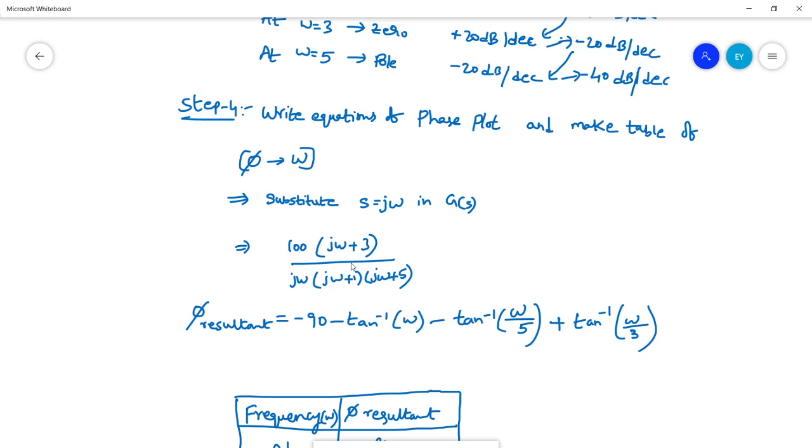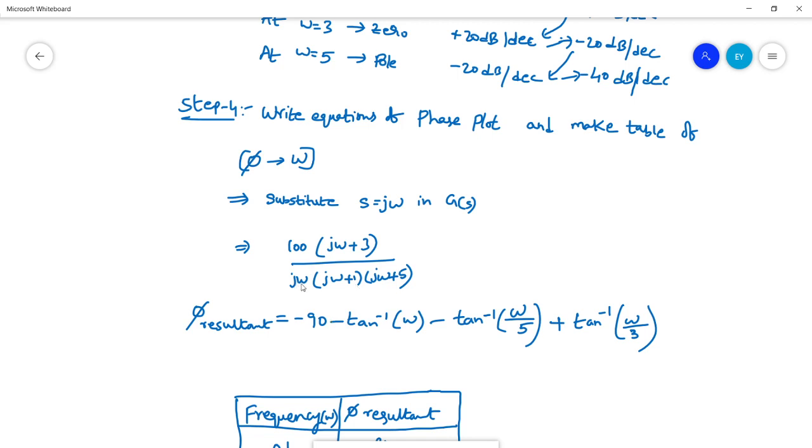Poles will contribute a negative sign, and zeros will give the positive sign. If you have a zero at corner frequency 3, we'll write it as positive. If you have a pole, we'll write it as negative, right?